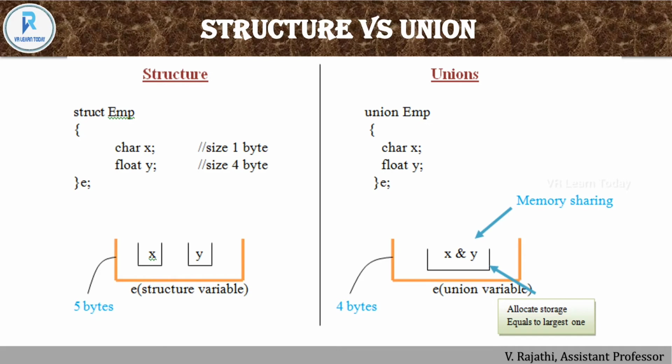Here, character is 1 byte and float is 4 bytes. Which is the largest? 4, right? So 4 will be taken and the character shares the same memory location. The total size of the employee when using the union will be only 4 bytes. In the structure we use 5 bytes. So we can reduce the bytes when we use the union concept. Is it clear now?